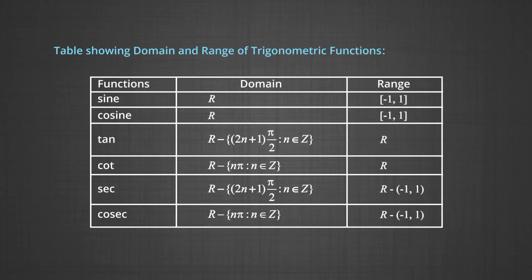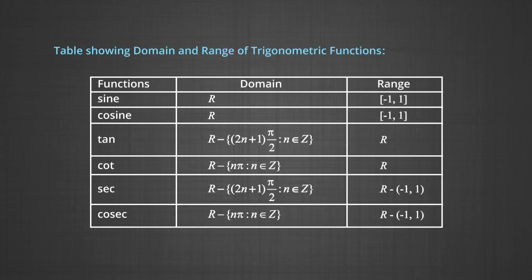Here is a table to show the domain and range of trigonometric functions. For the sine function, the domain is all real numbers and the range is the closed interval minus 1 to 1.